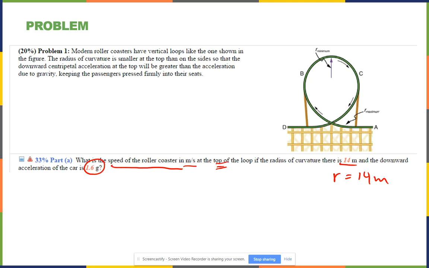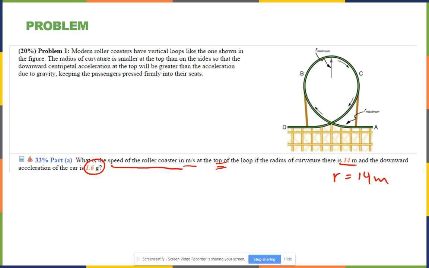If you were in free fall, what would your acceleration be? It'd be 9.8 meters per second squared, or 1 G. That G means 9.8 meters per second squared. So you'd normally have an acceleration of 9.8 meters per second squared. Here it says at the top, you're accelerating downward at a higher rate than that.